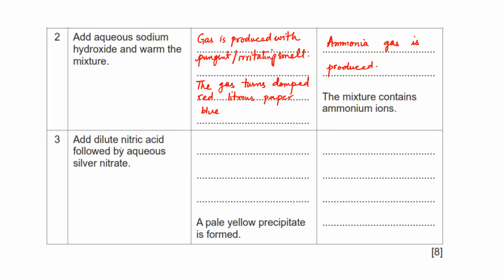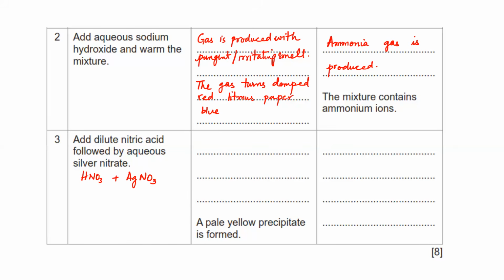Then it says add dilute nitric acid followed by silver nitrate. So we are adding HNO3, and then we are adding AgNO3. Okay. So what is happening here? A pale yellow precipitate is formed. The yellow precipitate is generally of iodides.